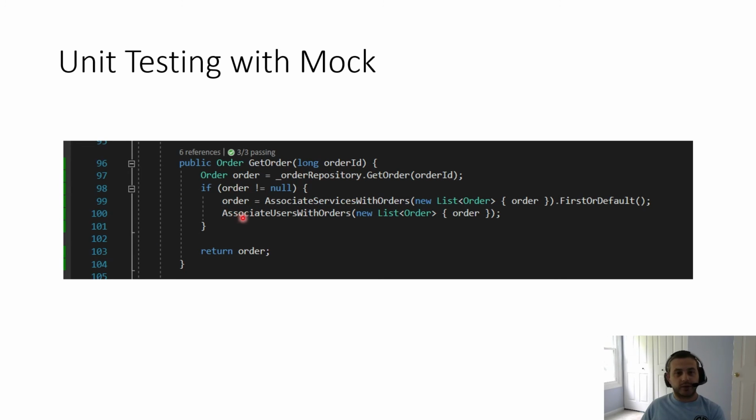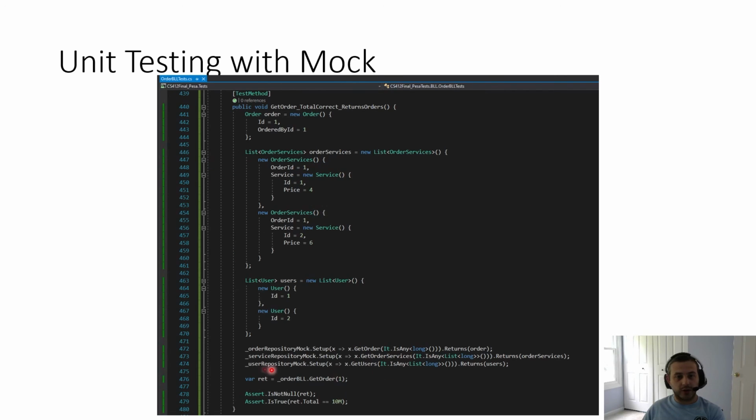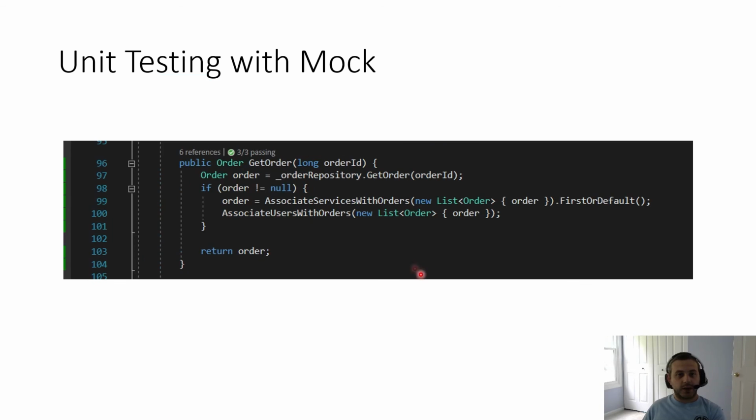And then it's going to run this function. So now we have an order full of services associated to it, because that was the business logic behind this function. And then associate users with order is going to also call the users repository. It's going to get a list of users, and it's going to assign that list of users to the order. And then it's going to return the order.